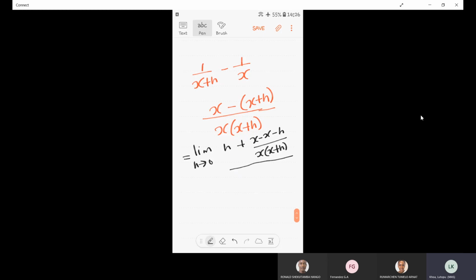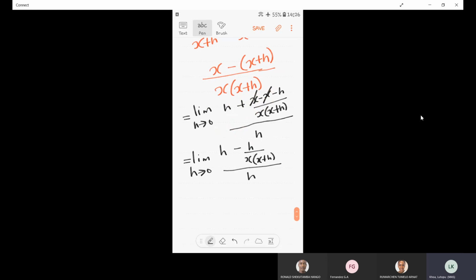And this is all over h. Then this is limit h goes to 0. I have h minus, because these two cancel each other out, give me 0. Now I have minus h over x. This is all divided by h.